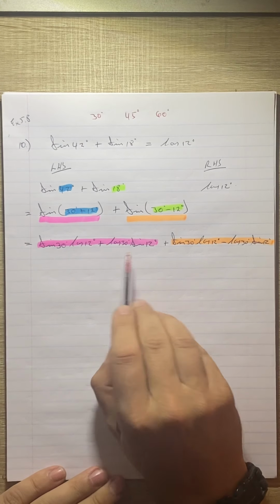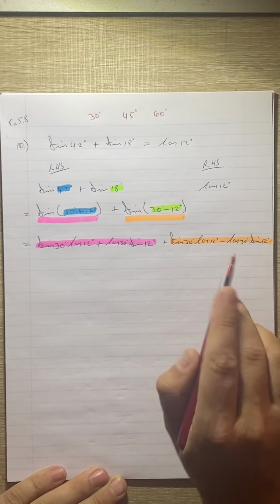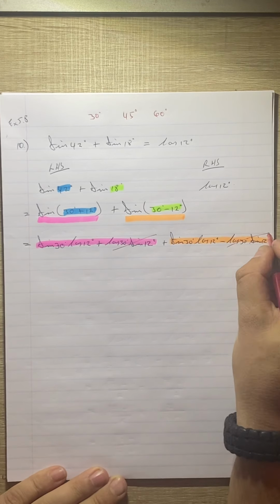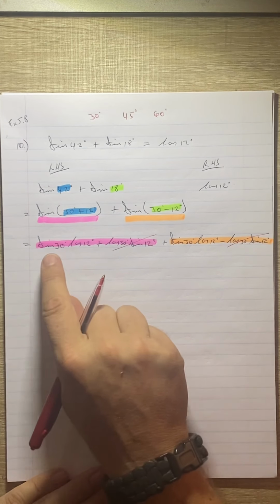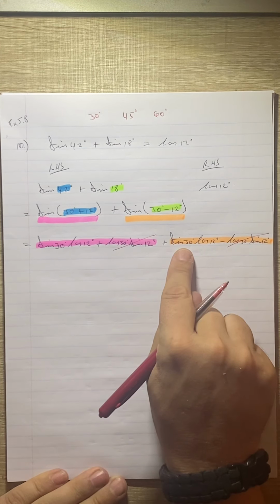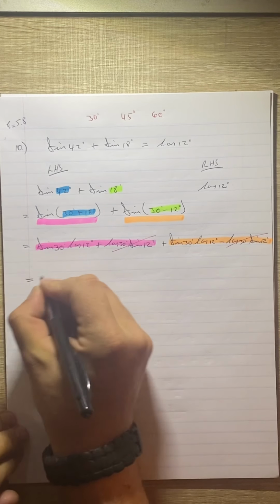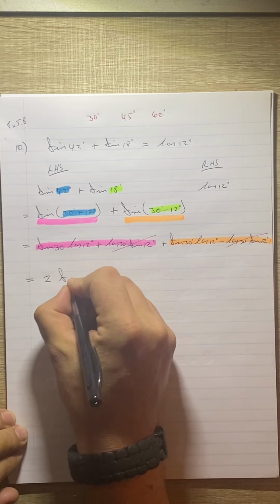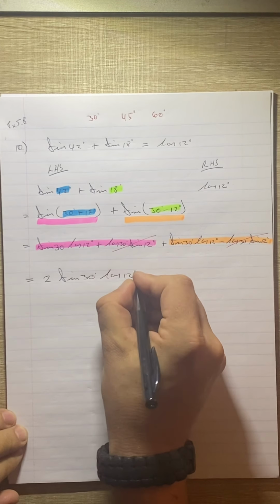All right, so let's see if we've got some cancellation going on here. We've got cos 30 sine 12, cos 30 sine 12. This is plus, that one's minus, so this entire thing will cancel with that. Then I am left with sine 30 cos 12, which is sine 30 cos 12. So I've got two of those. So this gives me 2 sine 30 cos 12.